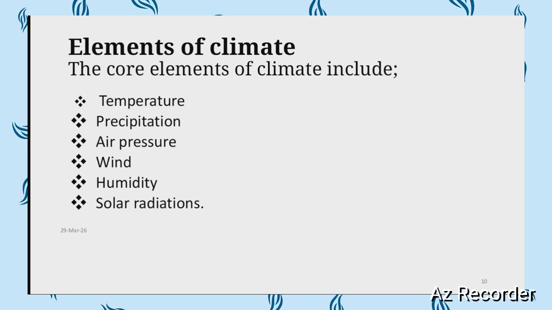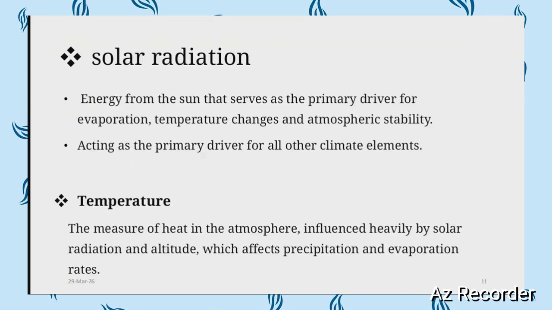Then we have air pressure, wind, humidity, and solar radiation. Solar radiation, the energy from the sun, serves as the primary driver for evaporation, temperature changes, and atmospheric stability, acting as the primary driver for all climates. If there was no sun, all these climates would be absent. The earth would be a very cold place. But the presence of solar radiation makes changes within the climatic regions of the earth.